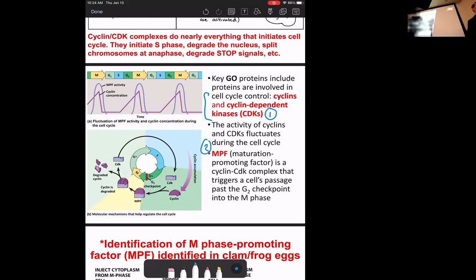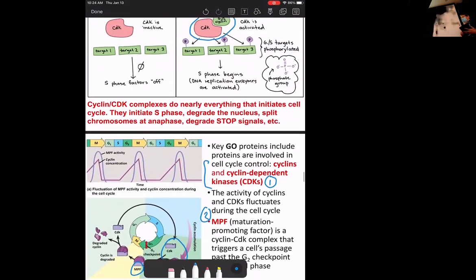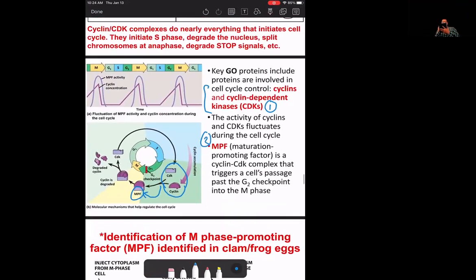This decision is not made lightly, and biochemically it takes a long time. So cyclin CDKs are going to combine. Ultimately, they are going to trigger MPF to show up. And really all you need to know about MPF is it will trigger mitosis. Experimentally, every time.